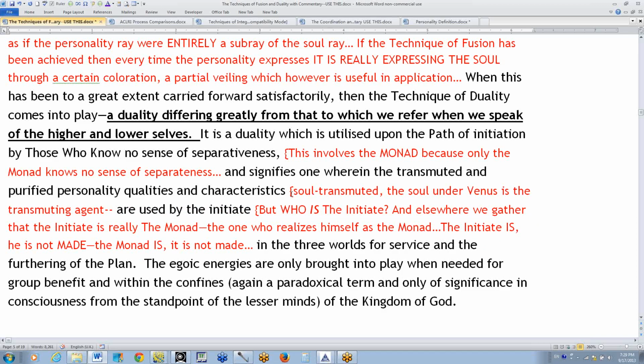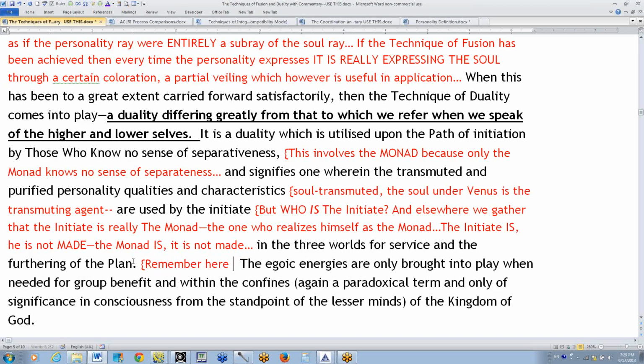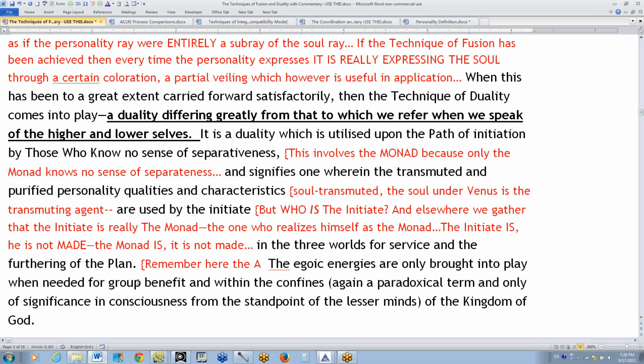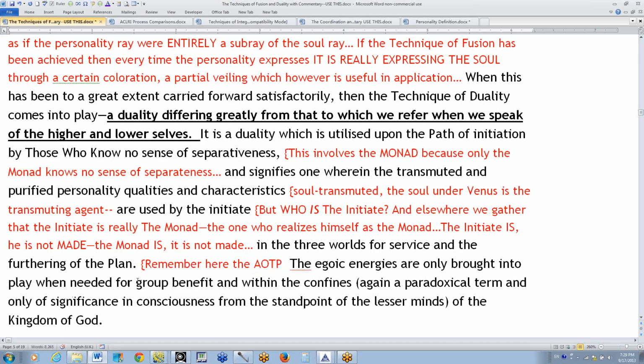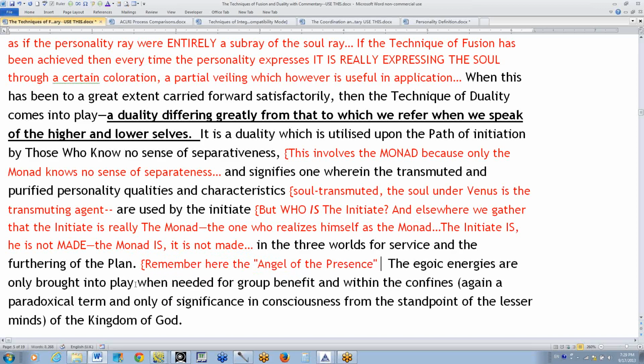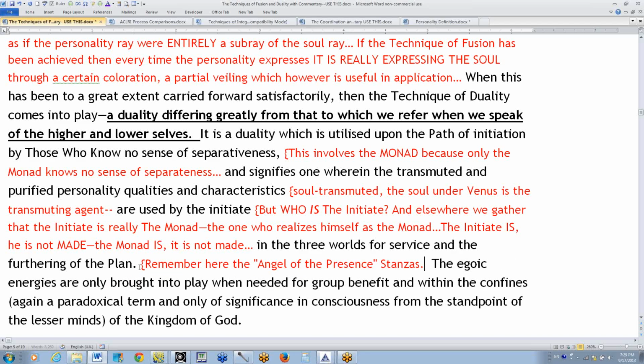That these purified personality qualities and characteristics are used by the initiate in the three worlds for service and furthering the plan. And now remember here, the angel of the presence stanzas. Always there's discussion of the plan and the whole.